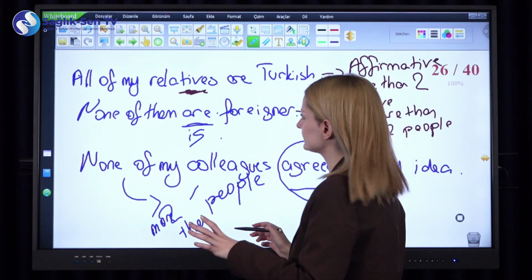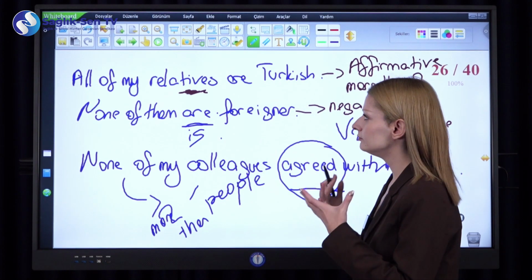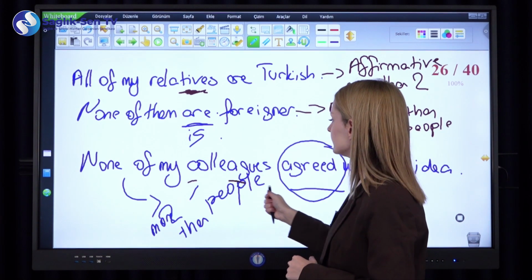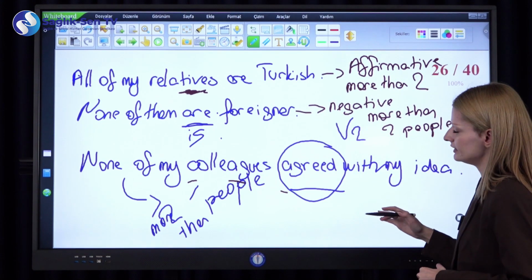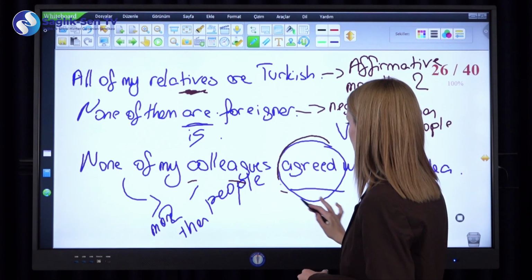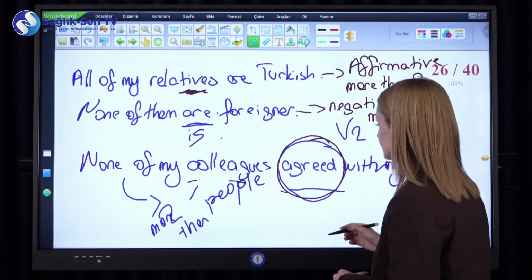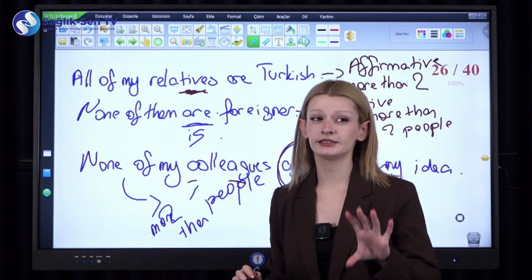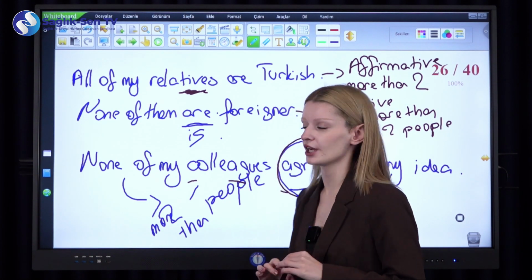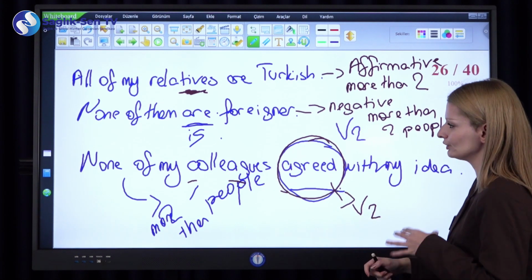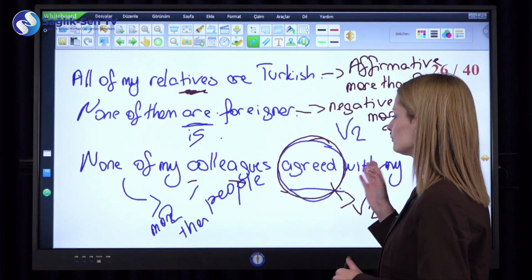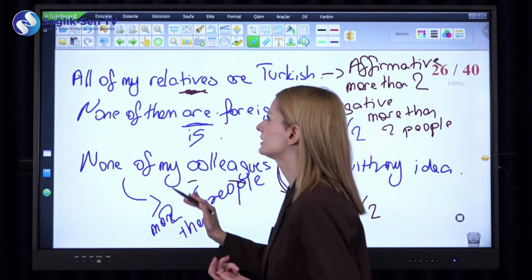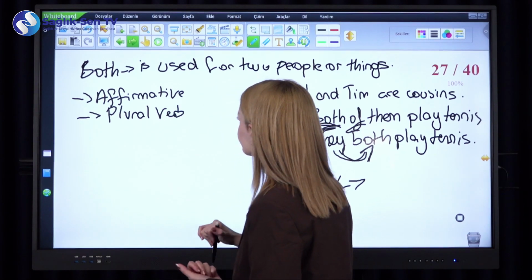This is a perfect example of the opposite of all and none. None of my colleagues agreed with my idea. I don't have to change my verb because it is in past form, and since the past form doesn't change according to the subject, it can be used only like this. Again, I'm talking about more than two people.